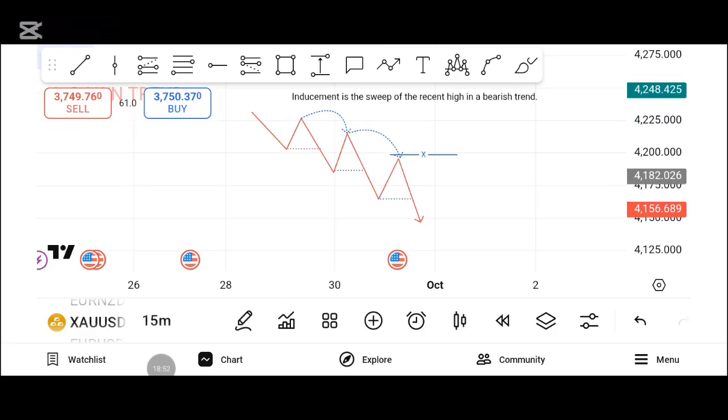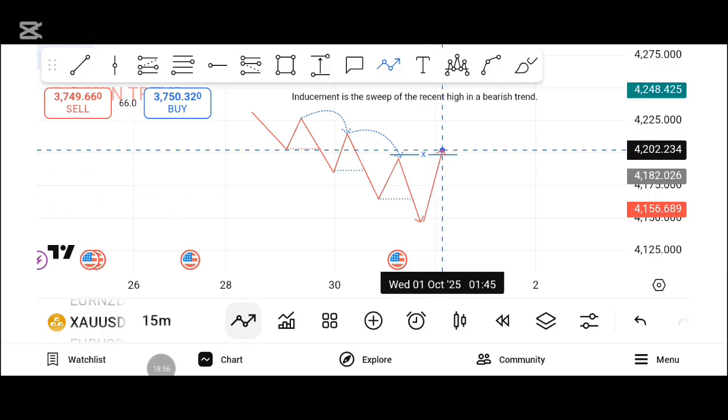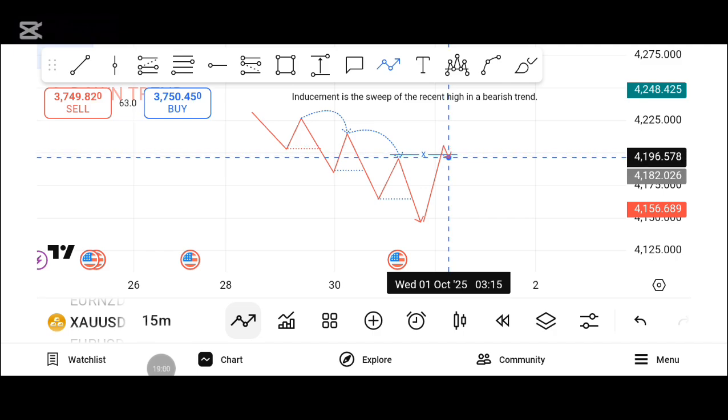This continues until the market retraces back here and takes out this inducement.